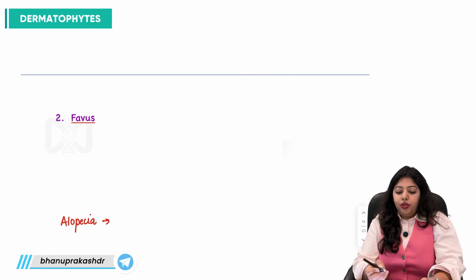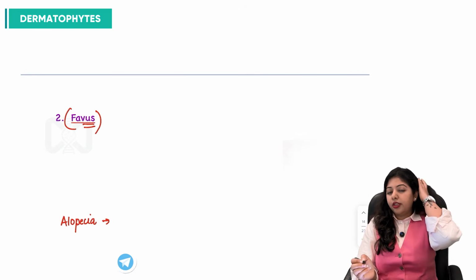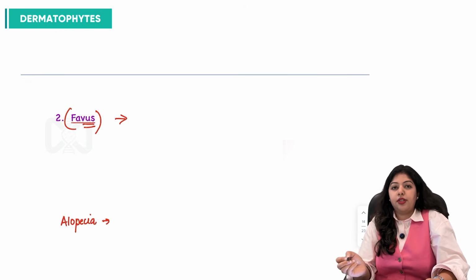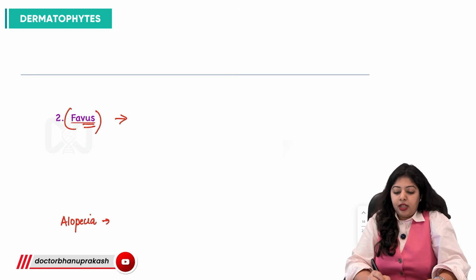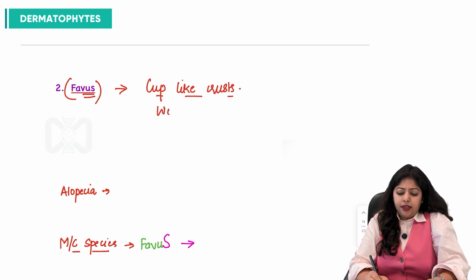So now moving on to another type of inflammatory Tinea capitis infection, it is Favus. Favus forms cup-like crusts on the scalp, right? These are also going to be well demarcated.